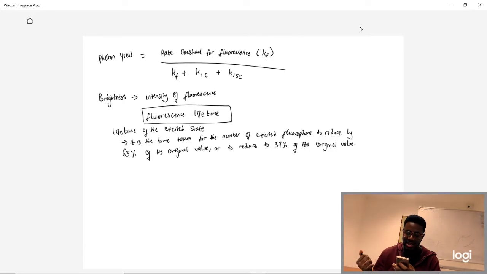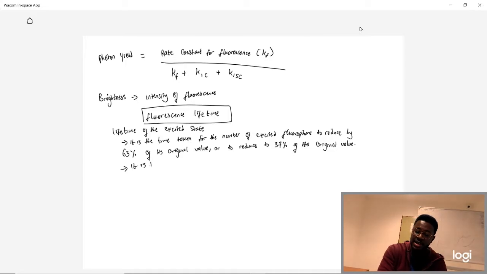The rate at which the number is decreasing, dN over dt, is proportional to the number, but that is not necessary. You can also define lifetime as the time it takes to reduce to 1 over e of its original value; 1 over e is about 37%.